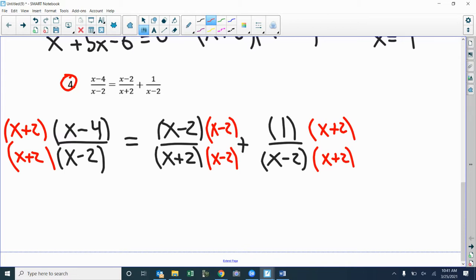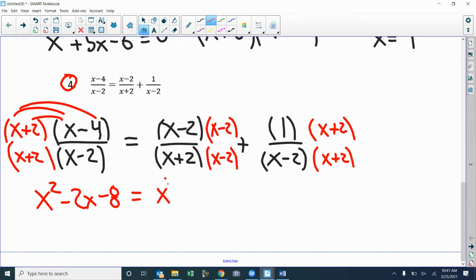Now we got some foiling to do. Over here on this side of the equal sign, x times x gives me x squared, minus 4, plus 2, which leaves me with minus 2x minus 8. Foiling again here, I'm going to have x times x, which gives me x squared. Minus 2 and another minus 2 would give me minus 4x, and then plus 4.